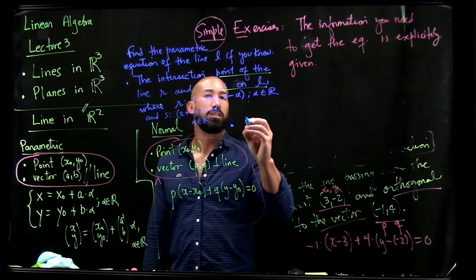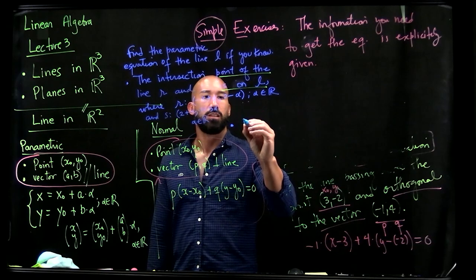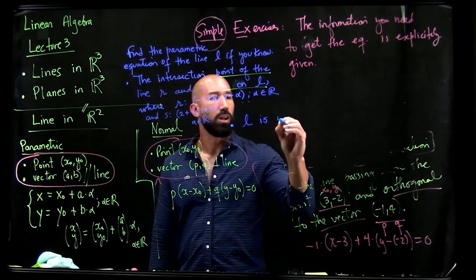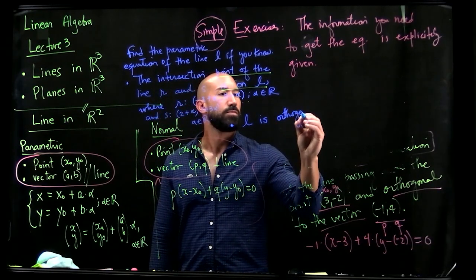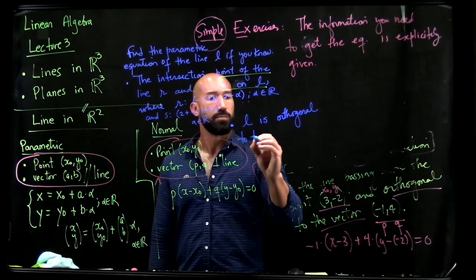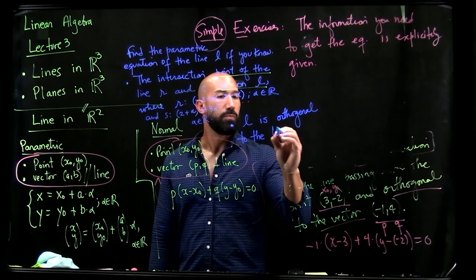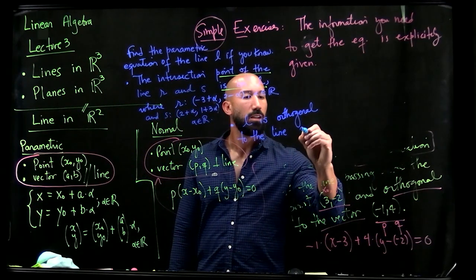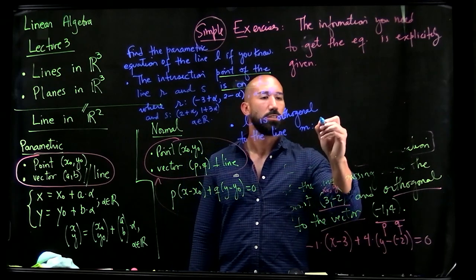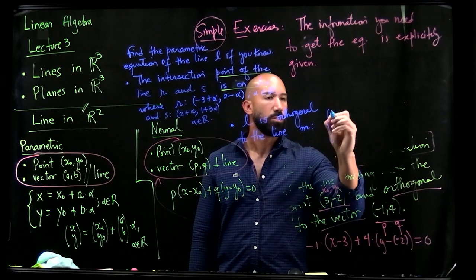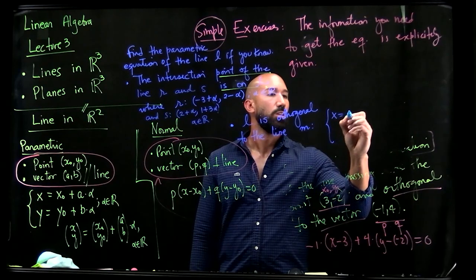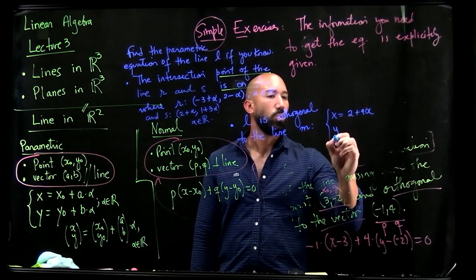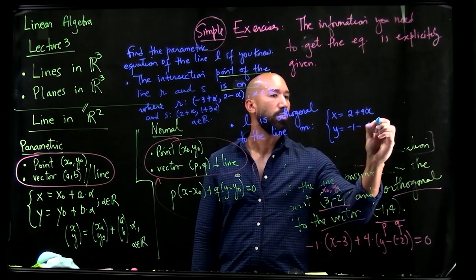And the second part is L is orthogonal to the line M described by the equation, I'm going to put it this way, x equal to 2 plus 4 alpha, y is equal to minus 1 minus alpha, alpha real.